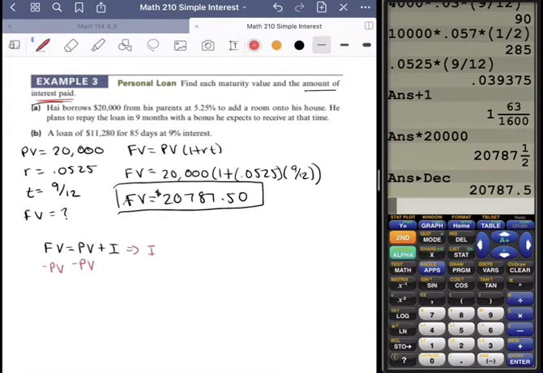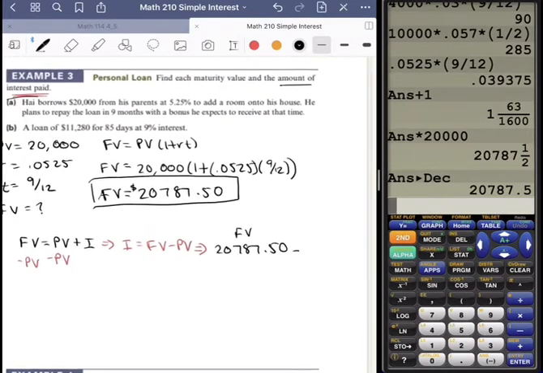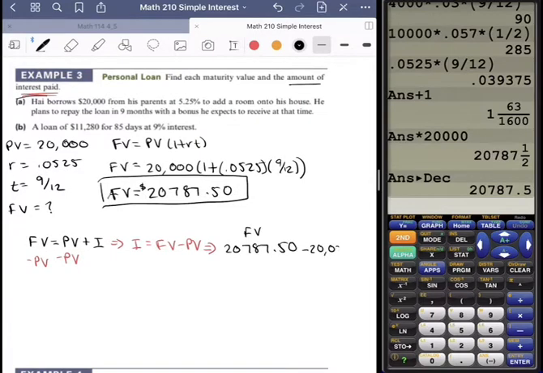So this becomes interest equals future value minus present value. And guess what? We already have that information. So therefore, 20,787 with 50 cents, which is my future value, minus 20,000, which is my present value, would be 787 with 50 cents. So this is the interest for this problem.